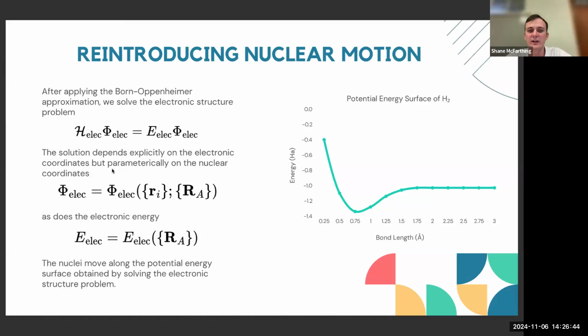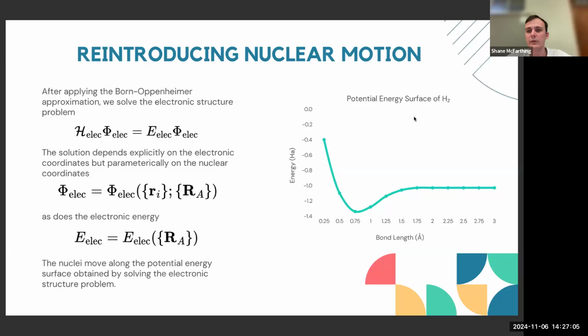And then we can change that geometry and solve the equation again. And this gives us another energy. And these energies form the potential energy of the nuclei. And we can put these together to form a potential energy surface along which the nuclei move.